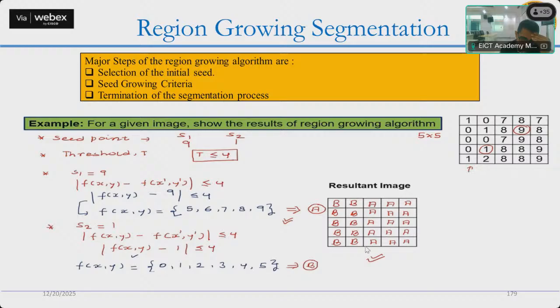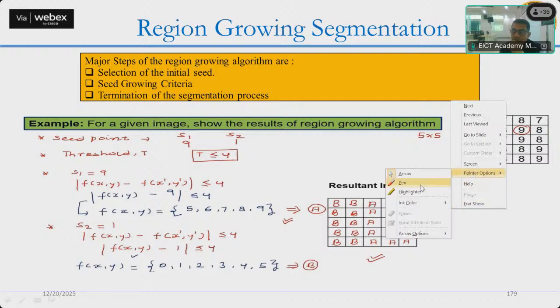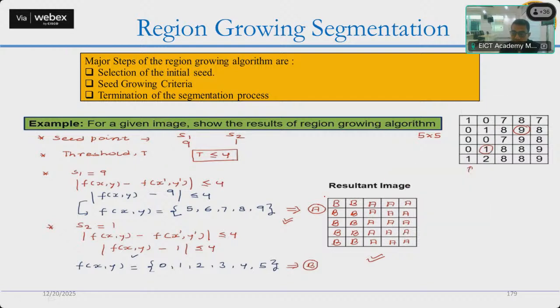In this way, after selecting the seeds and using that condition, we are able to find the segments. You can see this is one segment and this is another segment.